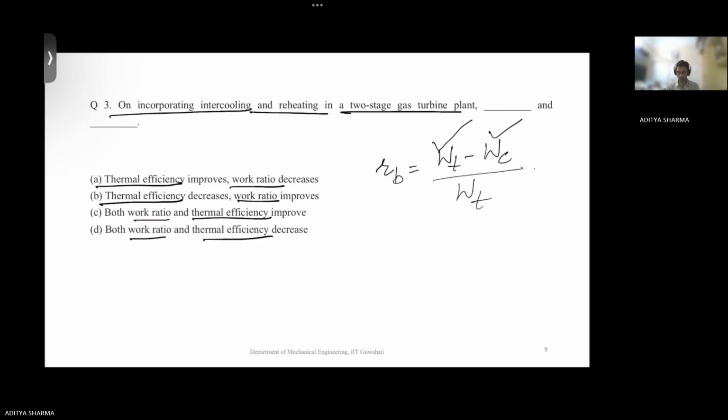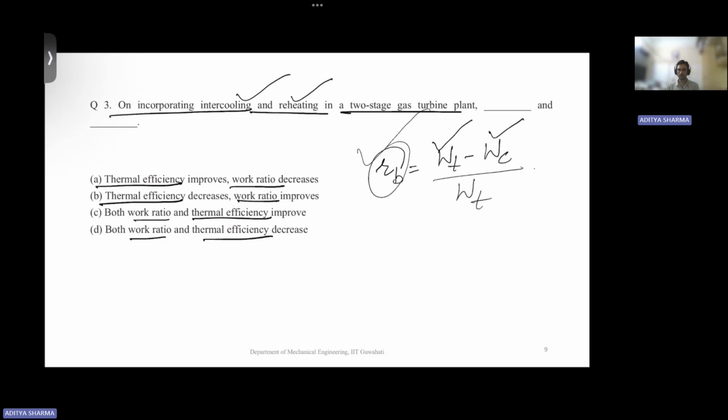So work ratio improves. Okay, that is the point of using these two. Then what happens to thermal efficiency?